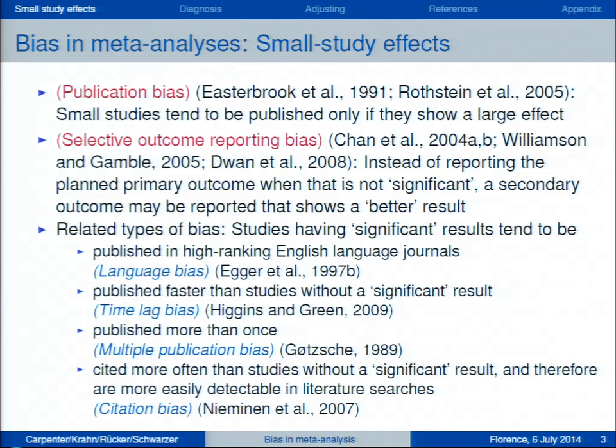Then there's time lag bias, where studies with a significant result may be published faster. And they even might be published more than once. That's multiple publication bias. And then there's also evidence that studies with significant results are cited more often than studies without a significant result, and they therefore are more easily detectable in literature searches.